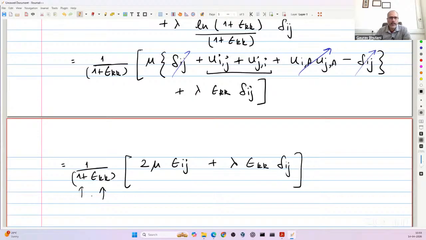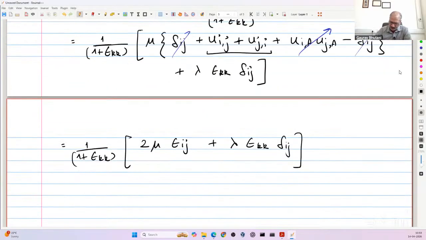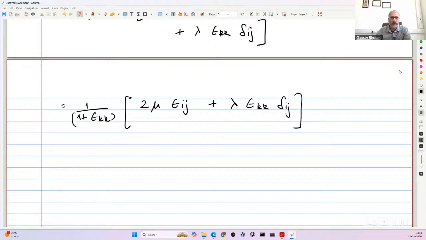Now epsilon kk would be much smaller than 1, right? So this will now be approximately written as 1, because if you were to put values, you would see that 1 upon 1 plus 0.001 would approximately be equal to 1. So this becomes approximately equal to twice mu. Let's write it in the form that we are used to.